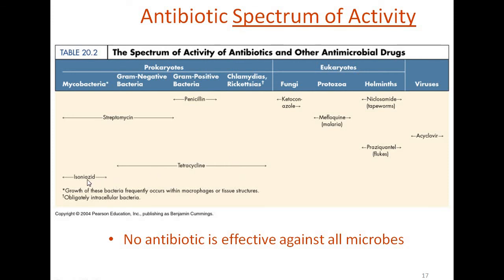Isoniazid has activity only against Mycobacterium tuberculosis, whereas ketoconazole is effective only against fungi. Acyclovir is effective only against viruses. Niclosamide is effective only against tapeworms. So from this table we can see that there is no antibiotic which is effective against all microbes, fungi, protozoa, helminths and viruses. Thank you.